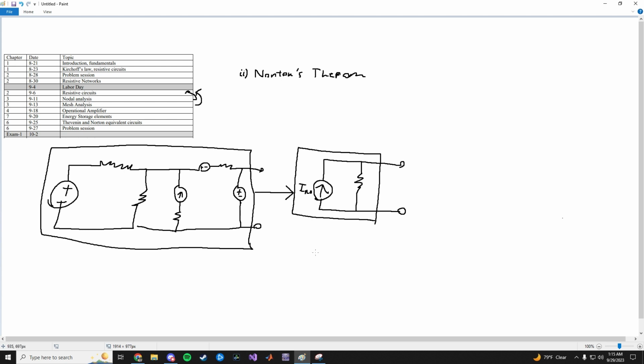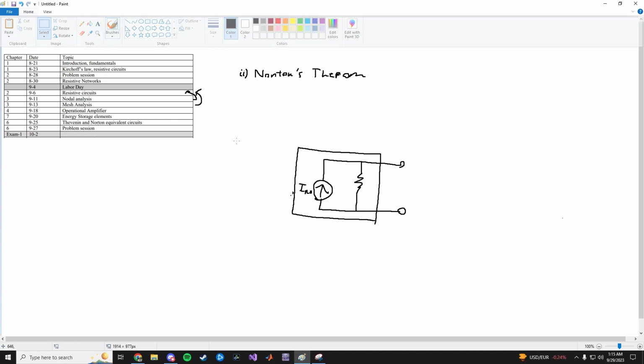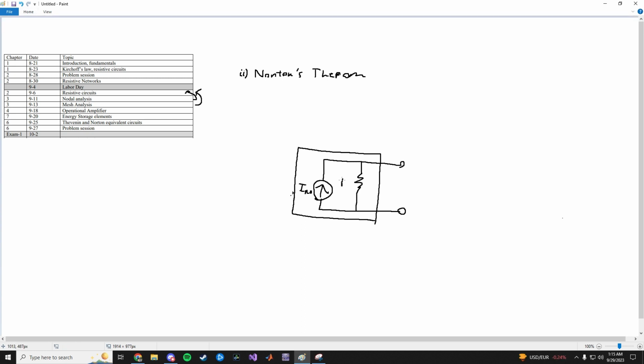There's another concept called source transformation, which is how you go in between the Norton and the Thevenin. So let's say I have the I Norton right here, and this resistor has a value of RTH.